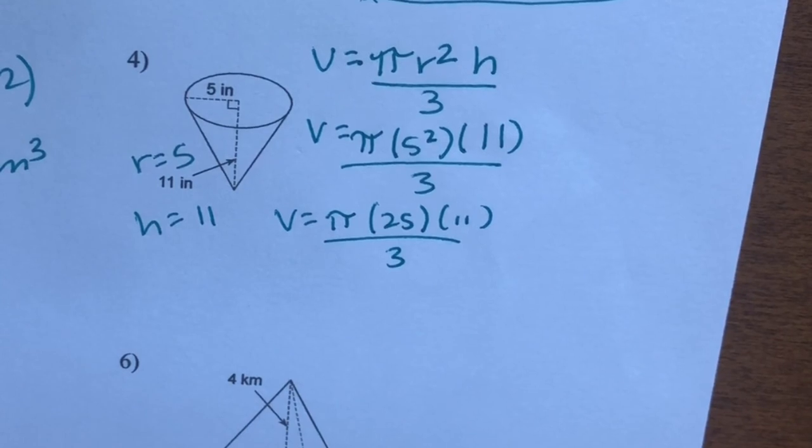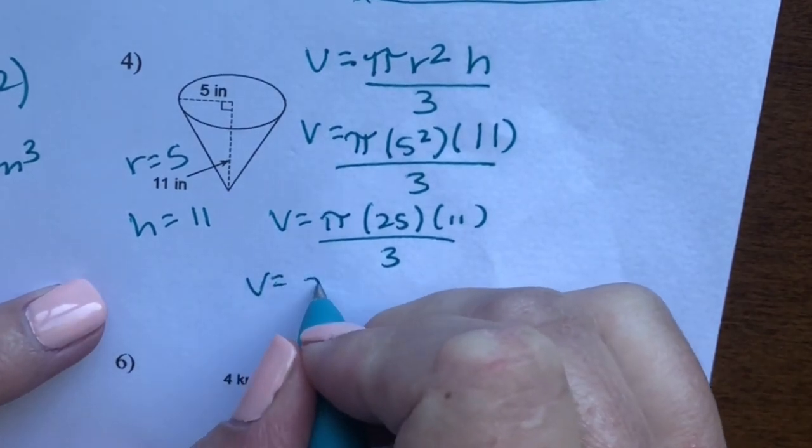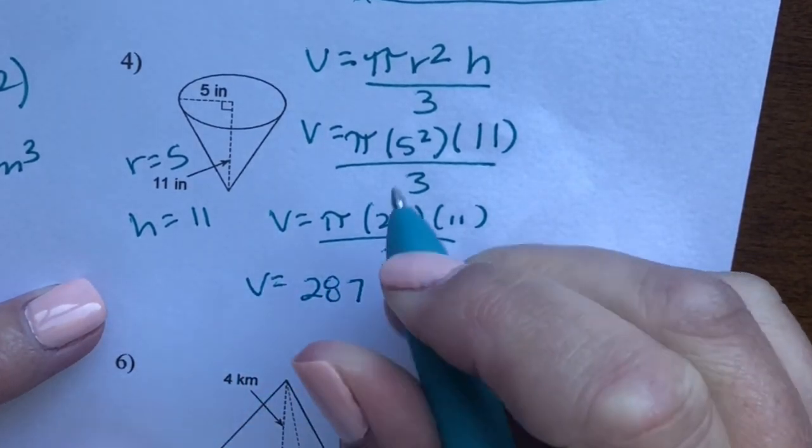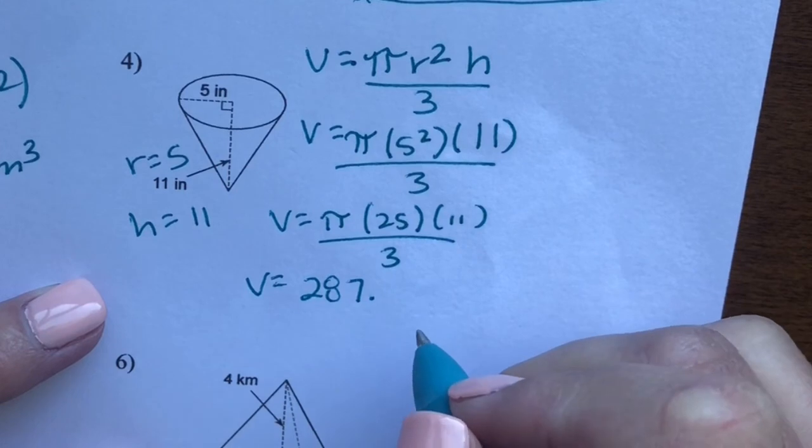So pi times 25 times 11 equals 863 something, and then I'm going to divide that by 3, and that equals 287.97.